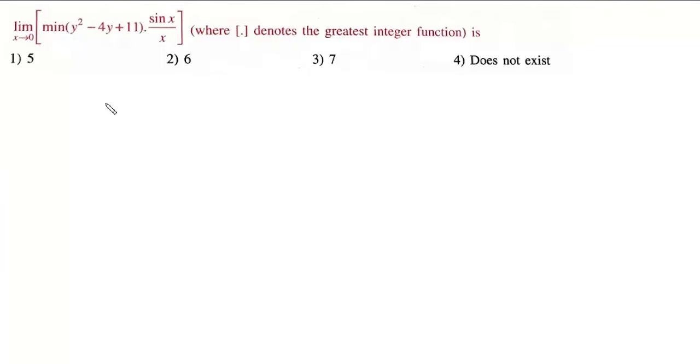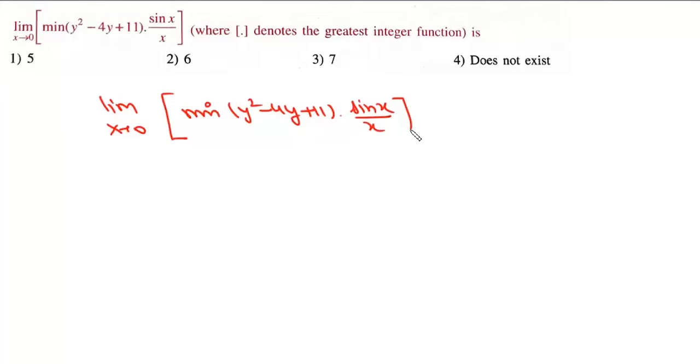Now here the question is, we need to solve this limit x tends to 0, greatest integer function of minimum of y square minus 4y plus 11 into sin x upon x, where this box represents the greatest integer function. Now if we look at y square minus 4y plus 11, we can write this as (y minus 2) whole square plus 7. That means it is always greater than or equal to 7.